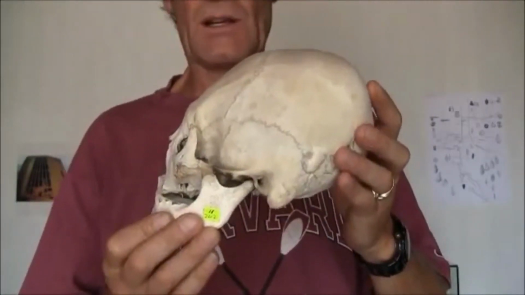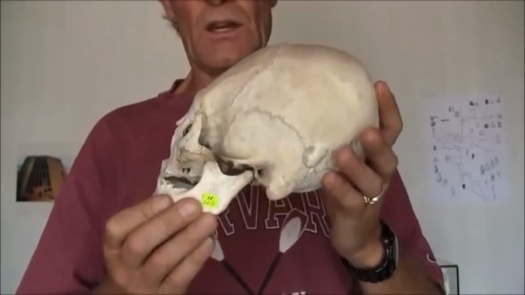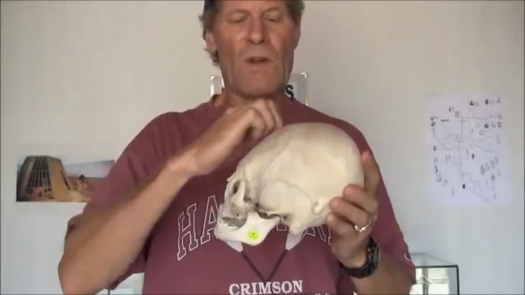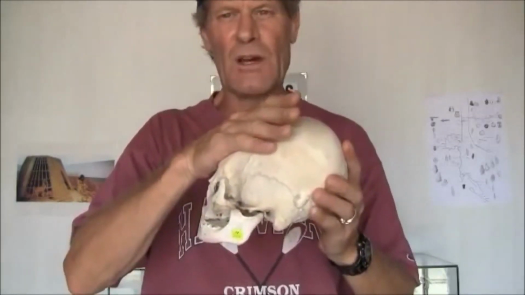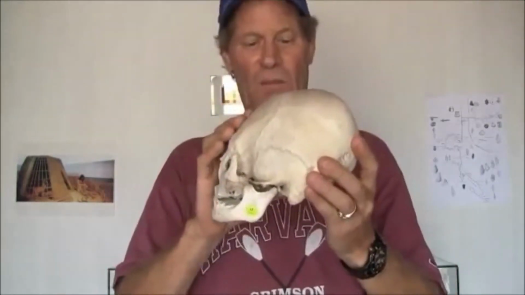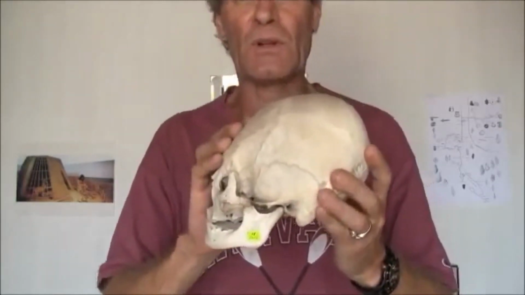So again, basically normal. And you can tell, obviously, the deformation by the way it was flattened this way. String was wrapped around this way, possibly a board or some kind of material this way when it was a child, and the flattening was done in order to create this shape, which was desirable by these people.